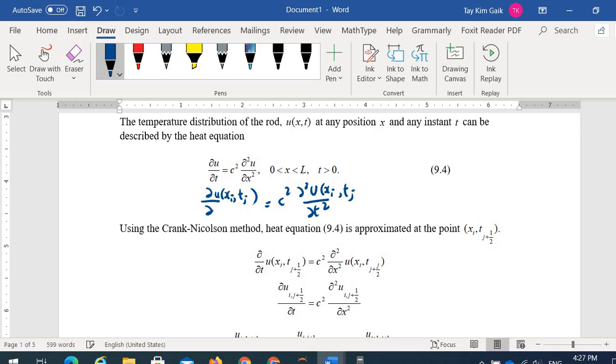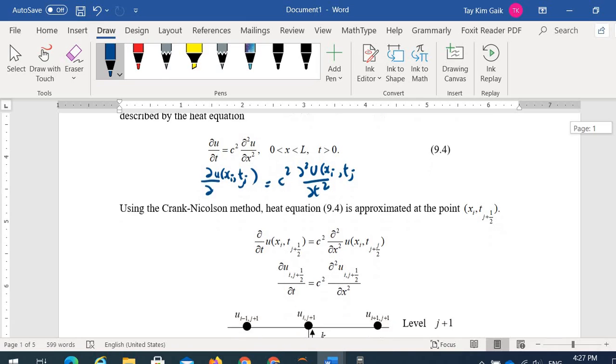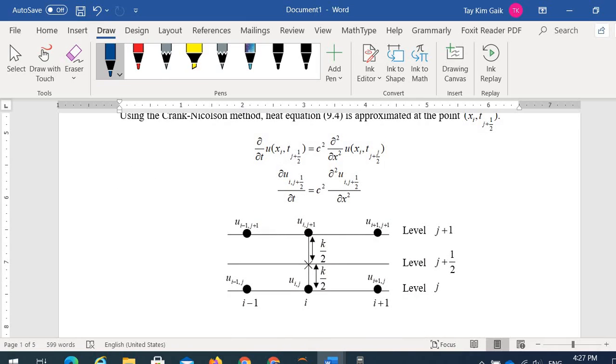Now for the Crank-Nicolson implicit method, the heat equation is approximated at the point (xi, tj+1/2). The explicit method is solved at the point (xi, tj), but the implicit method is solved at the point (xi, tj+1/2).